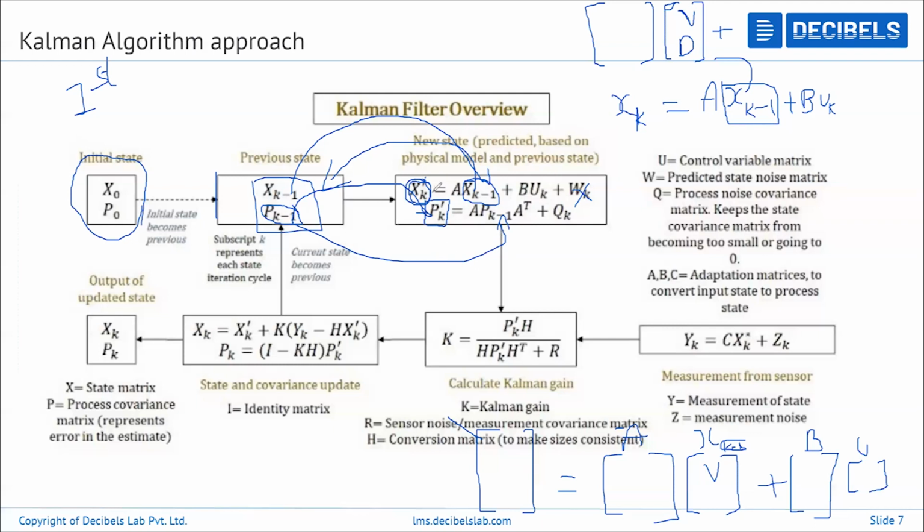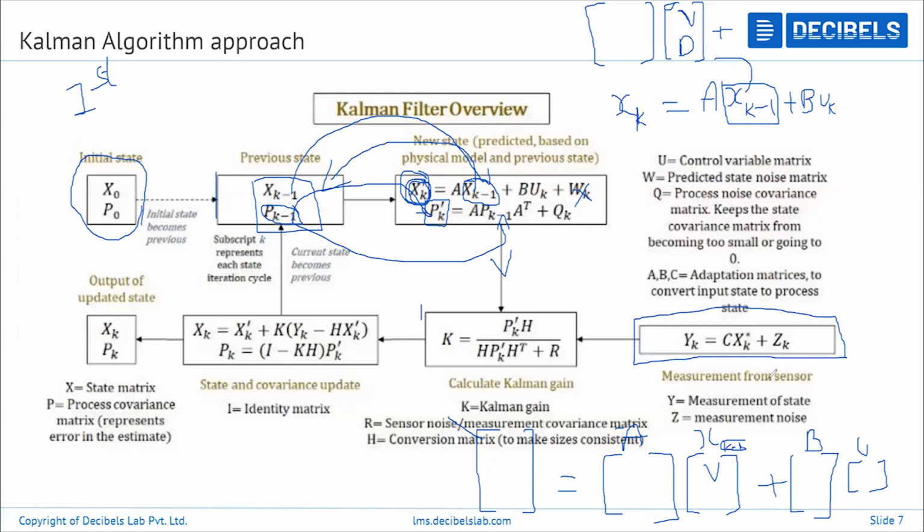So X will be having some set of state variables. Those are nothing but your velocity and the position. Those are going to come over here along with your process noise. On the other end, you are going to measure from the sensor.